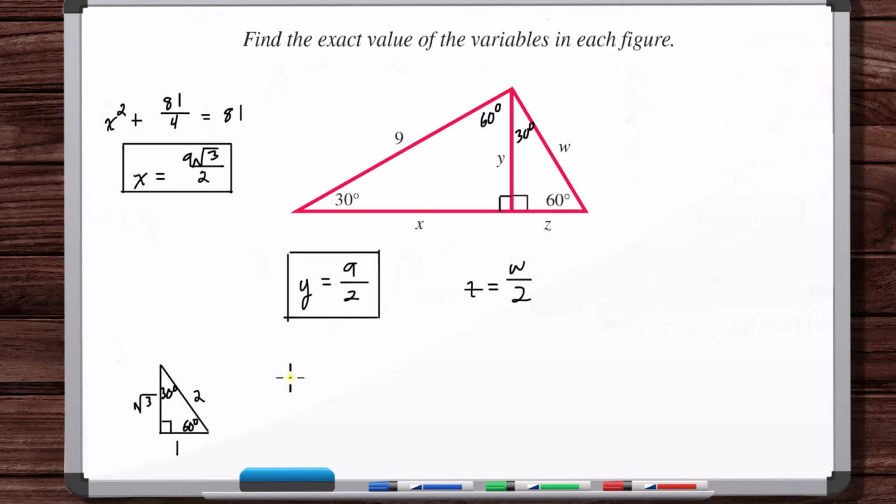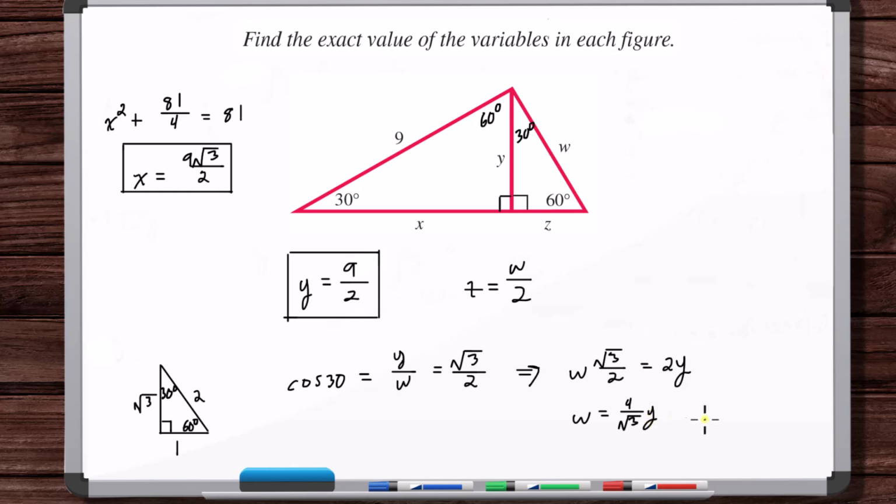Let's do the cosine of 30, which is equal to adjacent over hypotenuse. That's y over w. But what's cosine of 30? It's root 3 over 2. So let's solve for w. You've got w root 3 over 2 is equal to 2y. So w is equal to 4 over root 3 y.